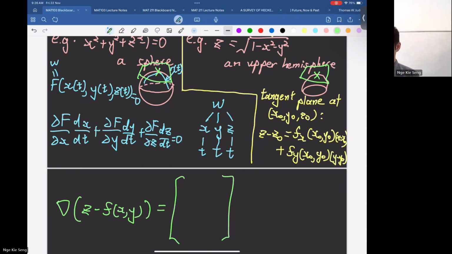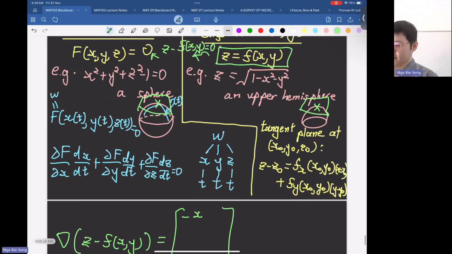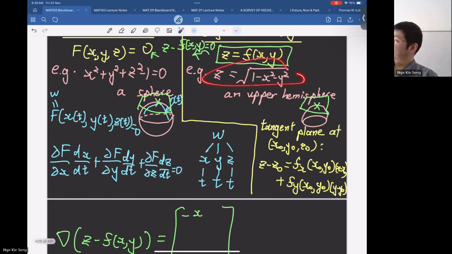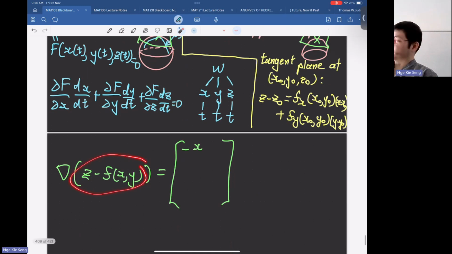What's the gradient of this? So first term, what do you get? It's x over square root. What are you computing? You're computing an exact example here. Just compute for the general f, that's enough. What's the computation for it?